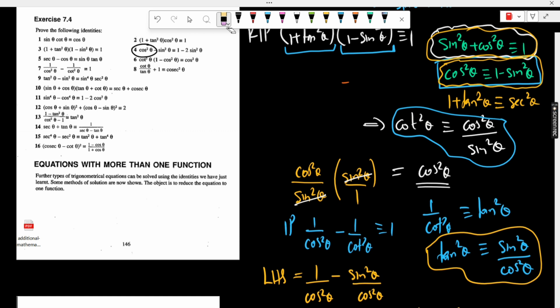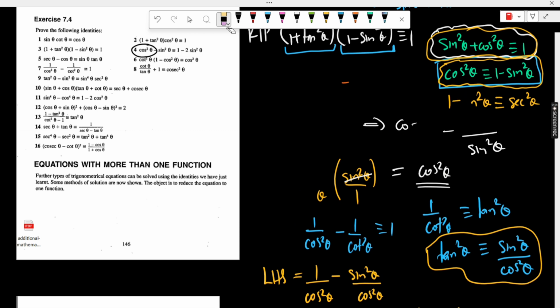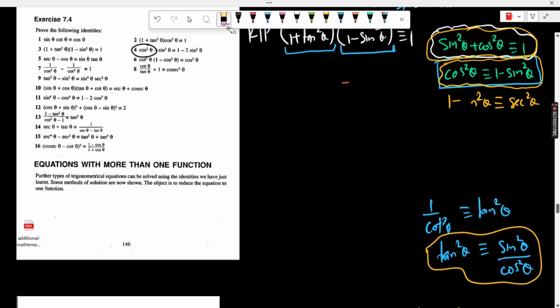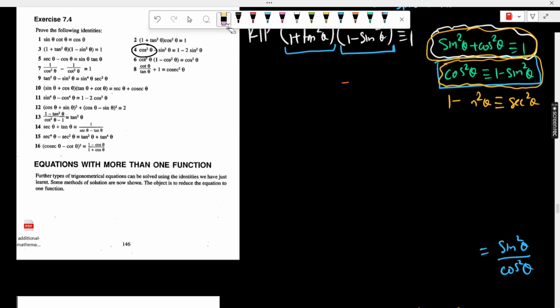We know that cot theta is cos theta over sine theta, and we know that tan theta is sine theta divided by cos theta. So you can divide those two fractions and simplify it as far as you possibly can. And if you need to work on the right-hand side, you may need to do that as well.